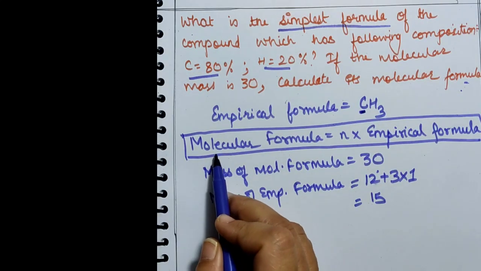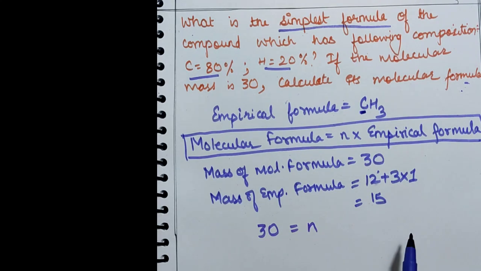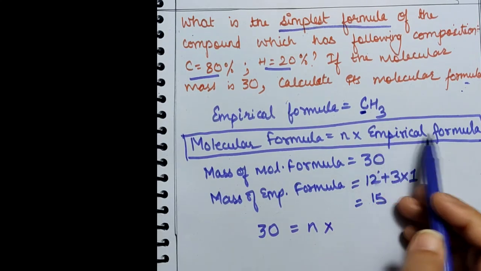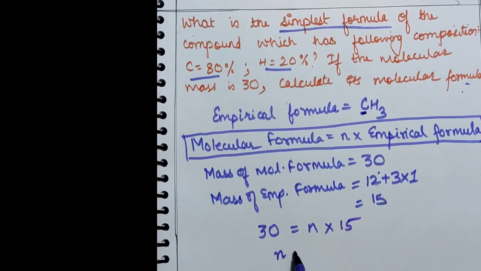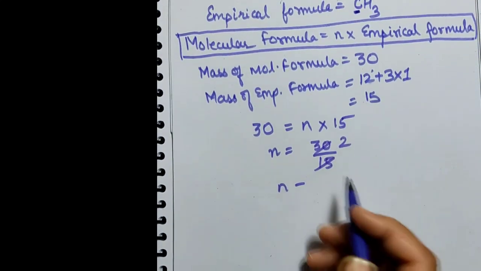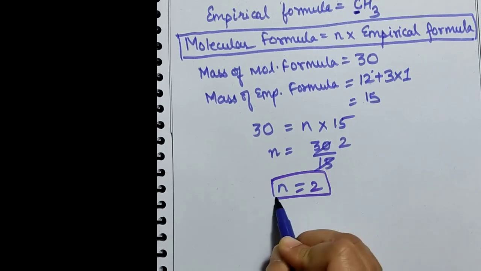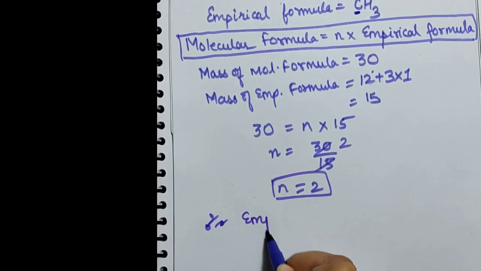When we substitute the molecular formula by the molecular formula mass 30, we will keep the factor as n because we don't know what the factor is, and we will substitute the empirical formula with the empirical formula mass. Then the factor will come out to be 2.